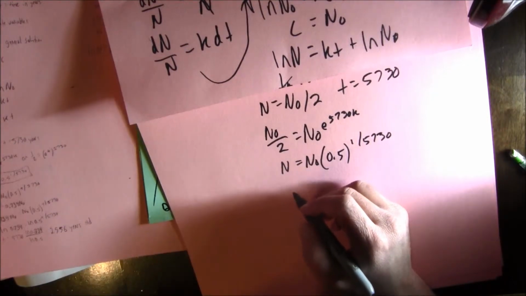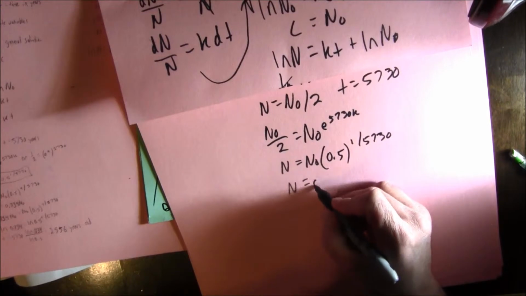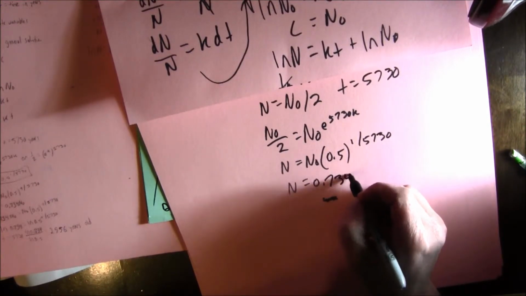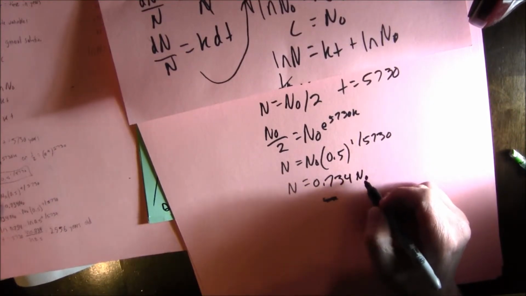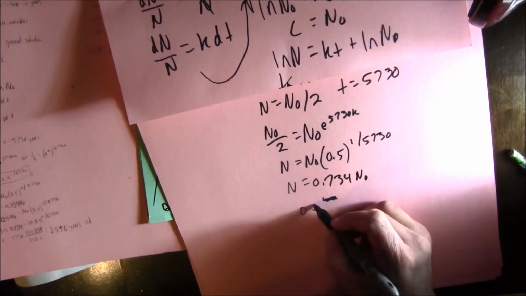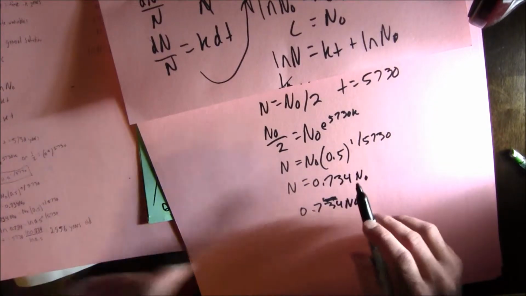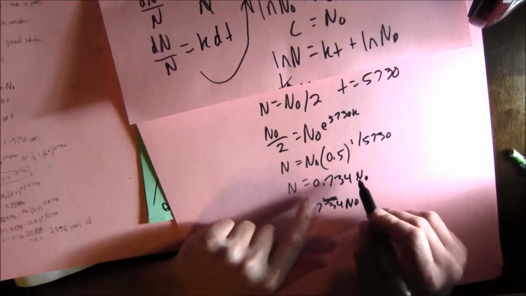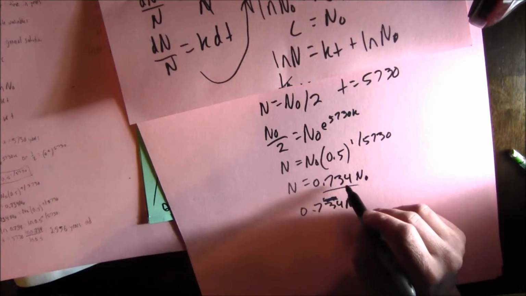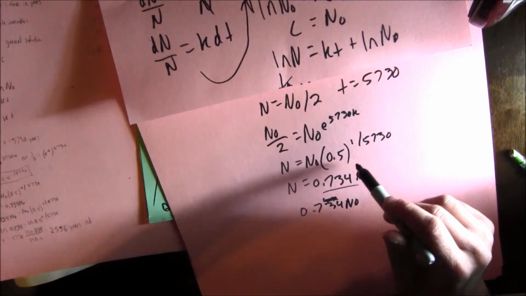Alright, that gave us some more room. Where we at? So we solved this, which gives us N equals 0.734 N0. Amazing. Now this 0.734 is the 73.4% from up there, so we're just plugging it in here.